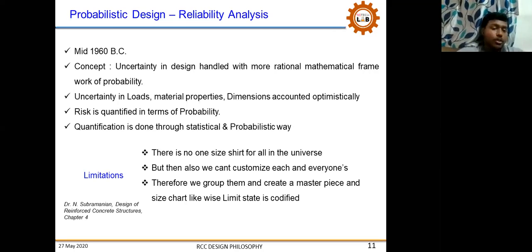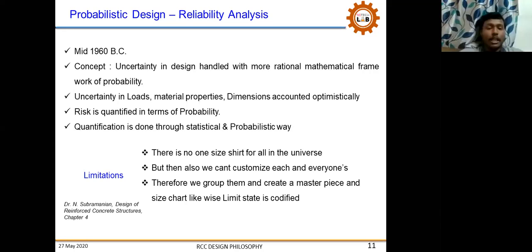So what they are doing in this one, basically two things they are identifying. That is, there is uncertainty in the geometry that they are accounting for, and the risk of failure.